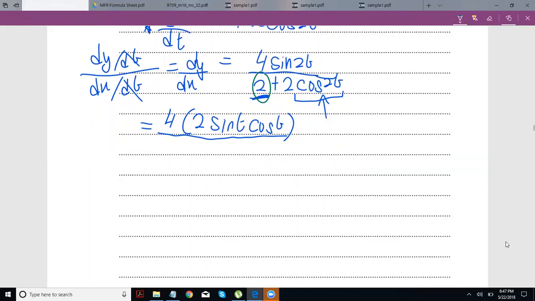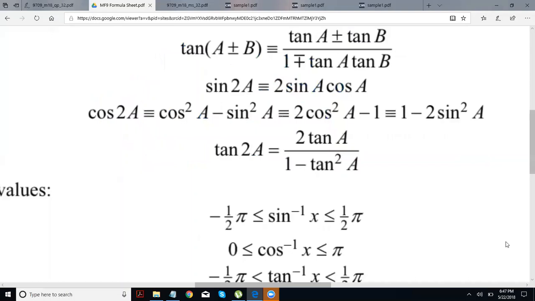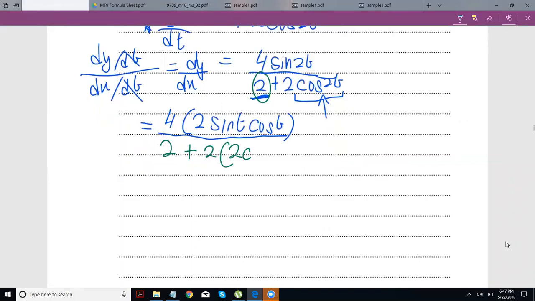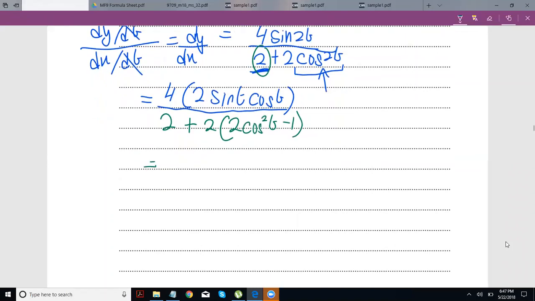So if that made sense to you, the formula we will use is 2 cos square t minus 1. What happens then?